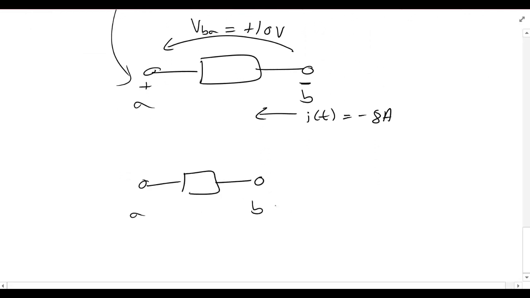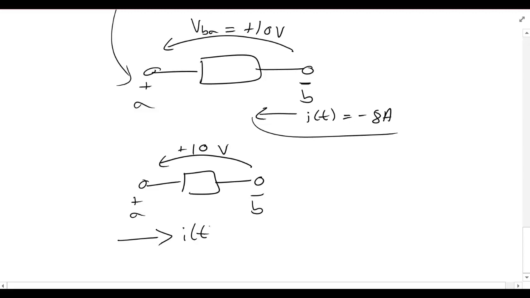We have A and B like before. B is the low energy terminal, A is the high energy terminal. We have positive 10 volts developing this way. And to handle the current, we have to flip the direction that it's going and also flip its sign. So it is going this way, and I of t is positive 8 amps.